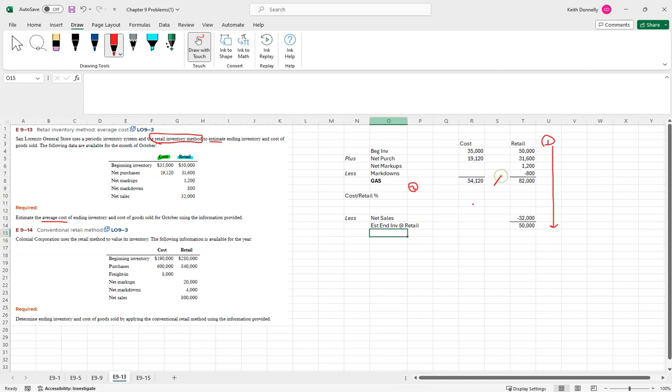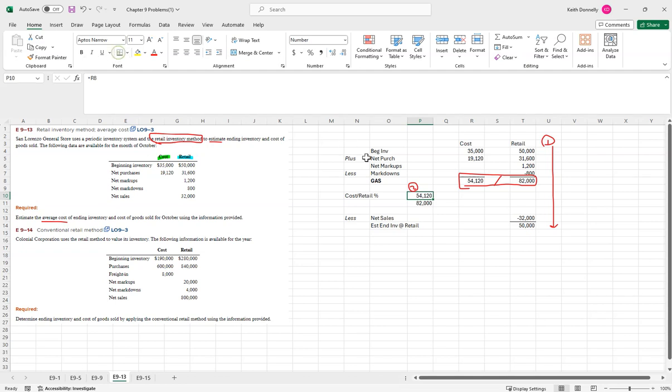Because we're using the average cost here, we take the cost of 54,200 divided by 82,000. If we put a percentage on that, we're looking at 66%. So that's step two, we have to get the 66%.